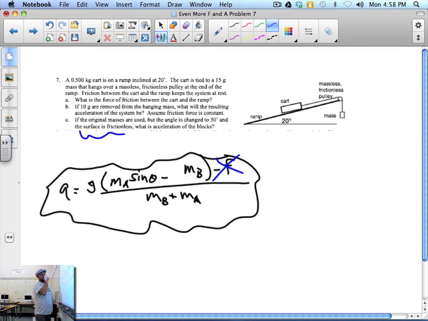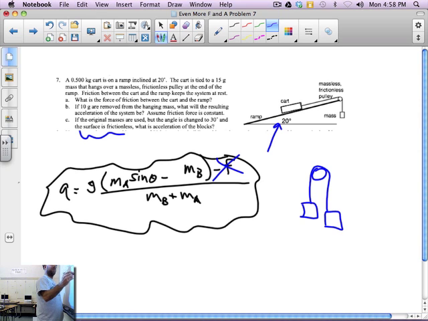And now it actually makes sense, where if we didn't have friction, and this angle were 90 degrees, and they were the same exact mass, well, sine of 90 degrees is 1.